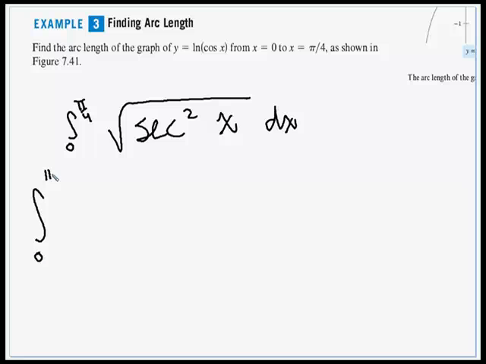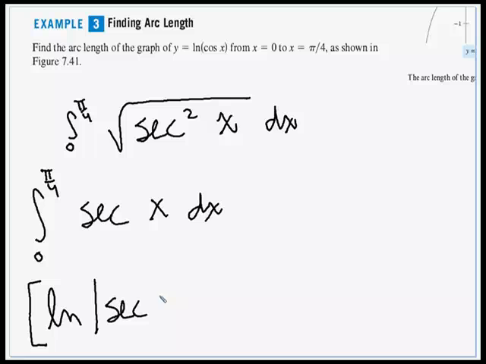From 0 to 1/4 pi, secant of x dx. Well, what's the antiderivative of secant? Well, that is the natural log of the absolute value of secant of x plus tan of x. Absolute value, and we integrate that from 0 to 1/4 pi.